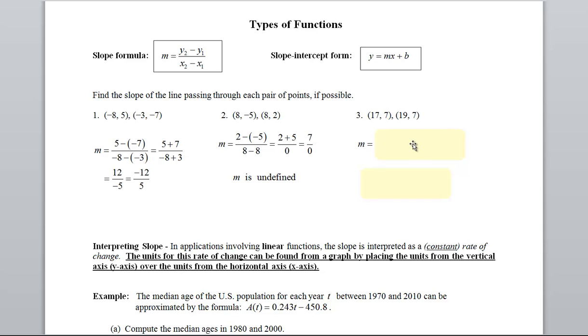In this one, if you find your slope, you'd end up with 0 over 2. And anytime you have 0 over a non-zero number, that equals 0. Okay, so the slope here is 0. Now, if you plotted these points, this would be right 17 up 7, right 19 up 7.